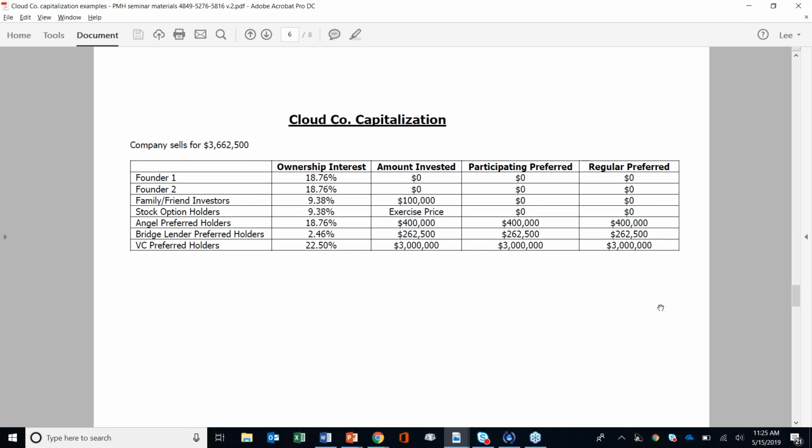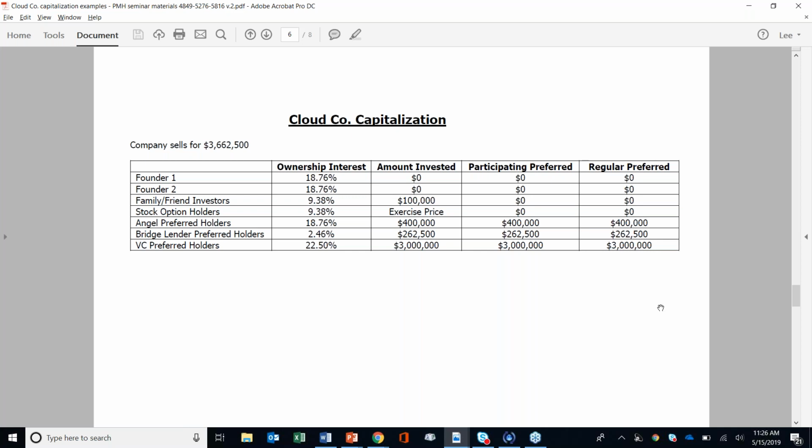Non-economics also include things like preferred holders wanting board seat rights, sometimes wanting control over future equity capital raises. You can't do it without their consent. A whole host of other things that, when you are in the middle of a preferred equity round, you deal with. There's usually a stock purchase agreement that has a number of reps and warranties about the company, and a host of other things.